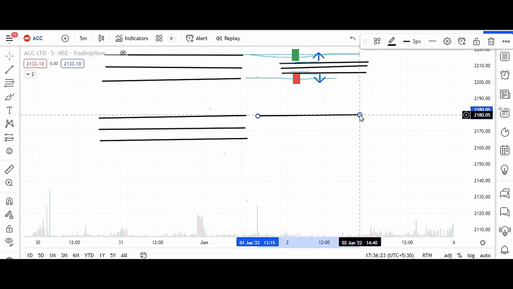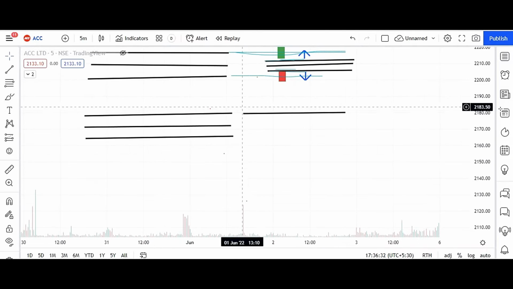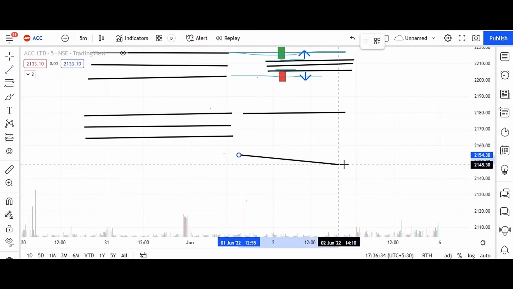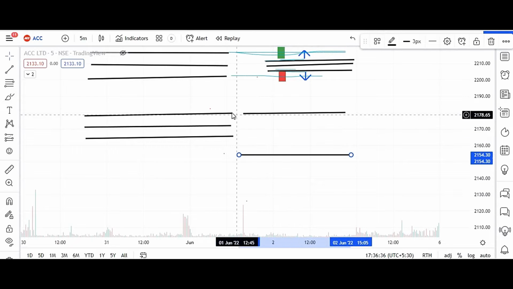Another important point is there shouldn't be any gap between this CPR and this CPR. Gap in the sense it should be formed like this, close to the CPR. There shouldn't be any gap.